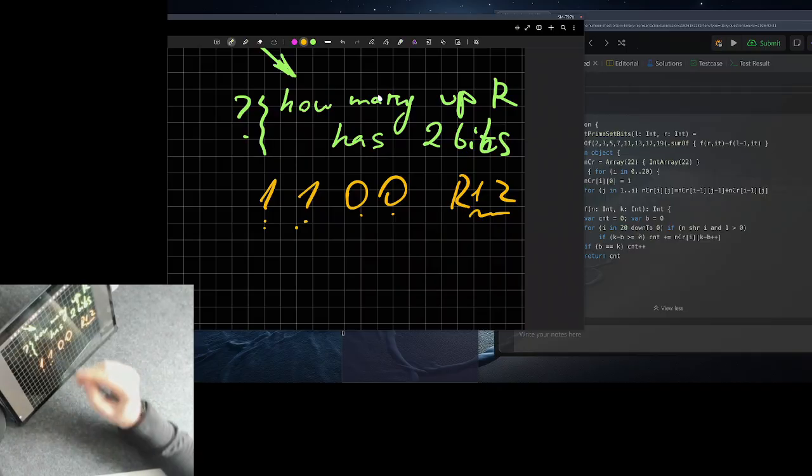We go bit by bit, and if we see the bit 1, we ask ourselves, if we move this 1 to the right, how many places does it have.